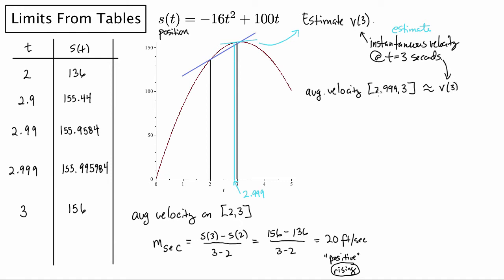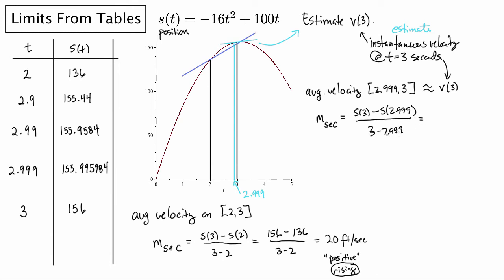And so that's what we're going to use as our estimate for that. And so we calculate it the exact same way that we calculate the average velocity here. So using the secant once again, it would be S at 3 minus S at 2.999 over 3 minus 2.999.